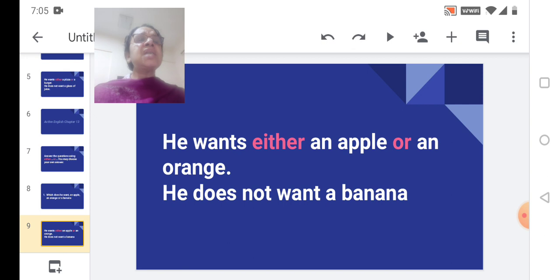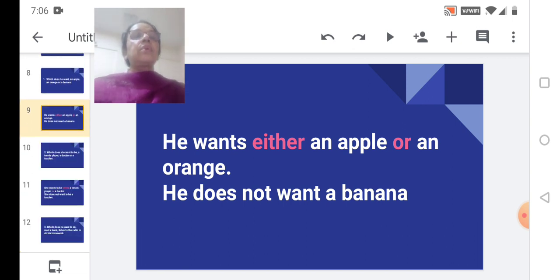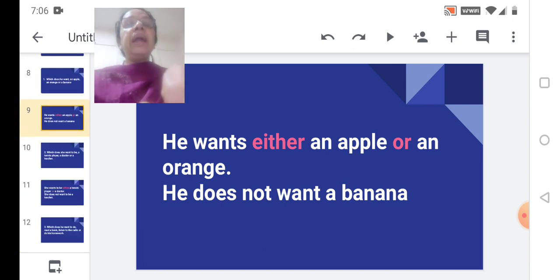The next sentence, he does not want a banana. Have you written the second sentence also? Okay, shall I move ahead?